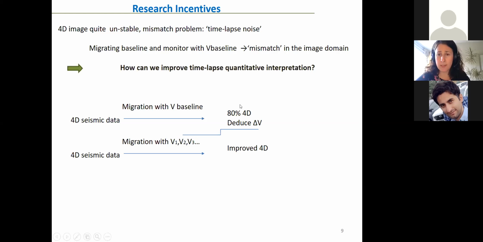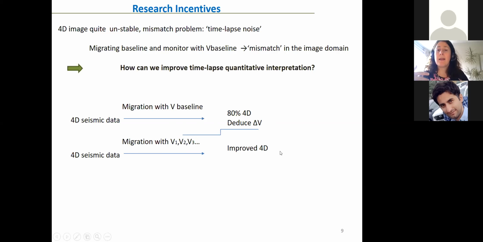And we can use that 4D response, let's call it the 80% 4D, to deduce the change in velocity. And we can use that change in velocity to now update our migration. So we go ahead with a new migration that has a different velocity for each monitor, for example. And that leads to an improved 4D.